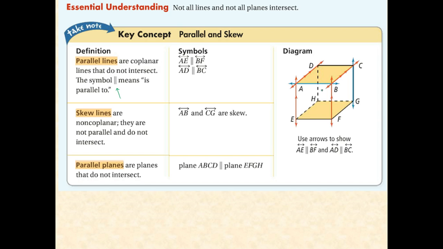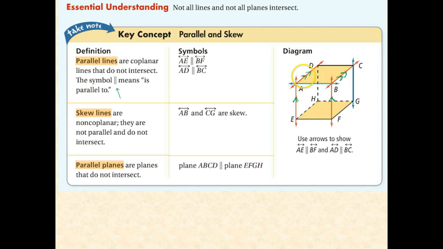And on the sketches, we can use these little arrows. You usually draw them like this to show that AE is parallel to BF. And if you wanted to show that line AD is parallel to line BC, you put two arrows, since we've already used the one arrow to signify that line AE is parallel to line BF.